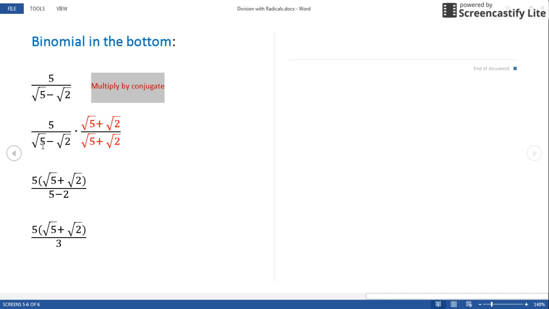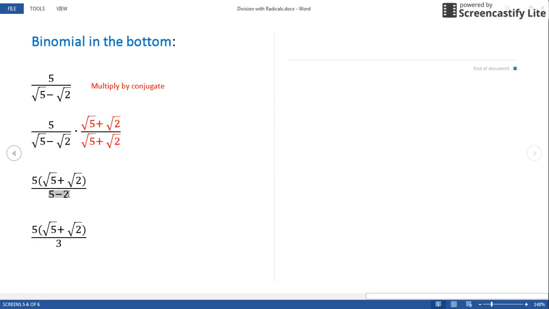On the bottom, the first terms together, square root of 5 times square root of 5 gives me 5. No need to do the OI part since this is a sum times a difference, conjugates. And then the back part, the last terms, minus square root of 2 times plus square root of 2 gives us a minus 2.